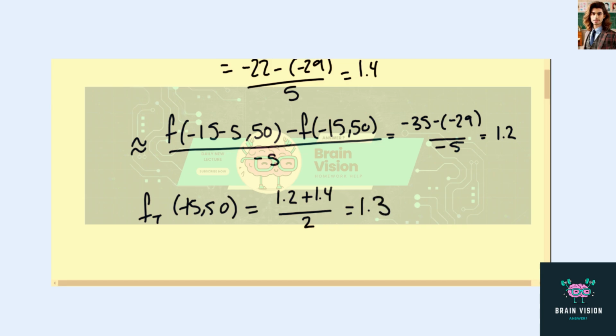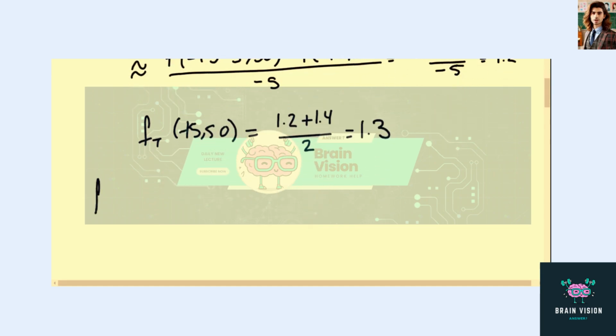Then we'll do the same thing to get an estimate for the partial derivative with respect to wind speed. I'm just going to dive into the numbers and ignore the motivation using the definition of a derivative here. So we have f of negative 15, we'll keep that the same, but then we'll change the wind speed by 10, and then subtract our f function at negative 15 and 50.